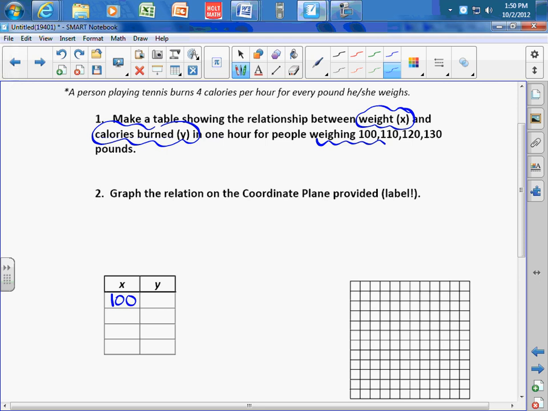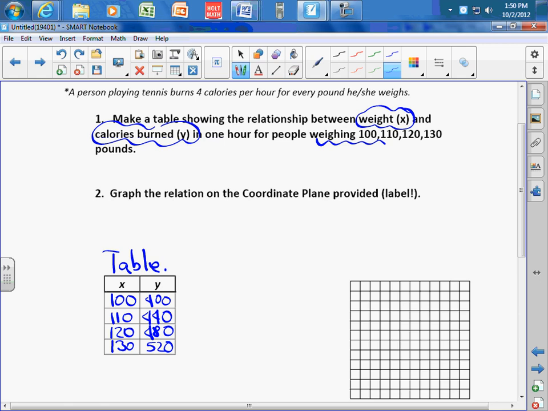Now, if this person burns 4 calories per hour, how many calories would she burn? Well, 4 for every pound would be 400. And a person weighing 110 would burn 440 calories. 120 would be 480 calories, and 130 would be 520 calories. This is the table that we would create for this situation.